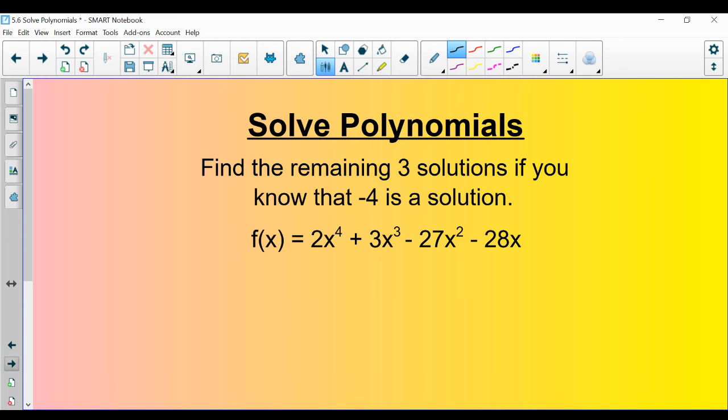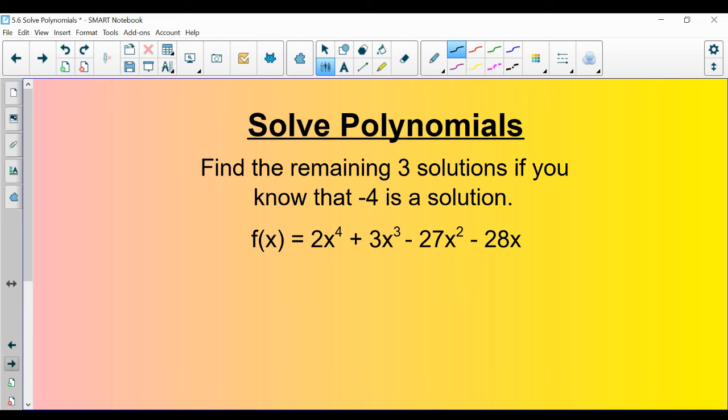This one looks fun. Find the 3 solutions if you know that -4 is a solution. So this time it didn't tell me what was a factor. It told me what is a solution, which isn't that big of a deal.